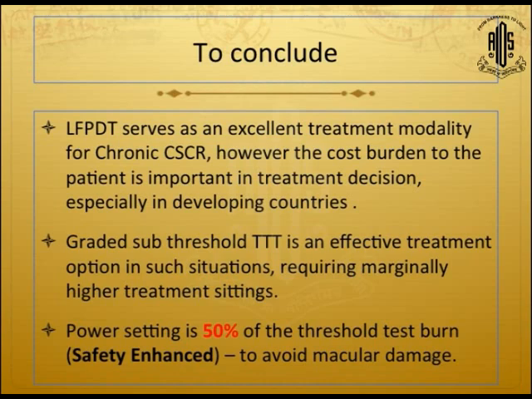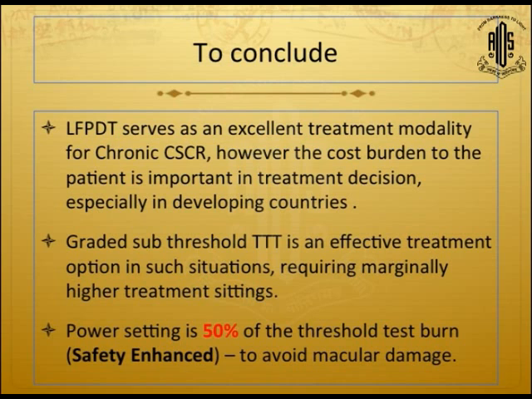So to conclude, low fluence PDT serves as an excellent treatment modality for chronic CSR. However, the cost burden to the patient is important in countries like India and other developing countries. So graded subthreshold TTT is an effective treatment option in situations where the patient cannot really afford low fluence PDT, but we have to explain to the patient that they might require marginally higher treatment settings.